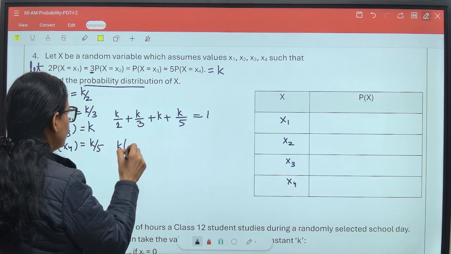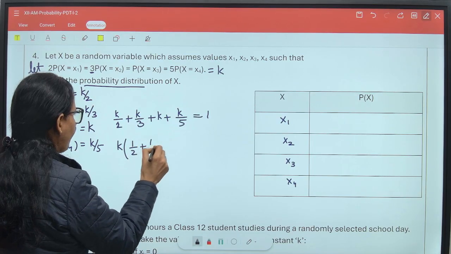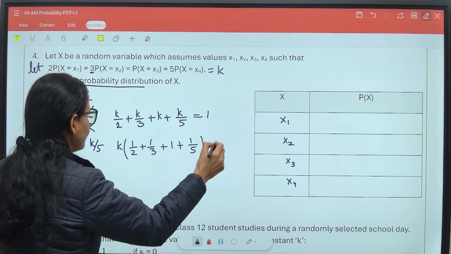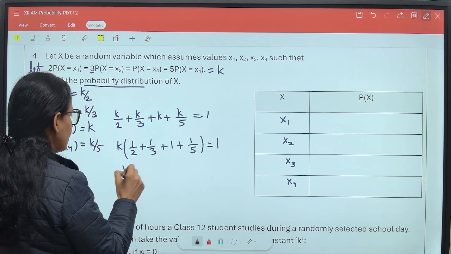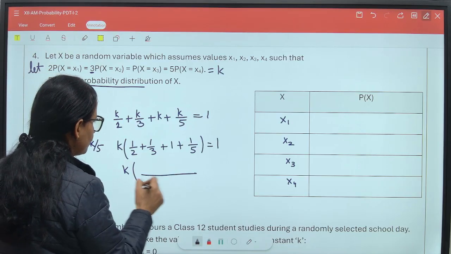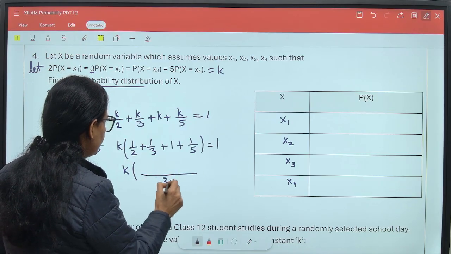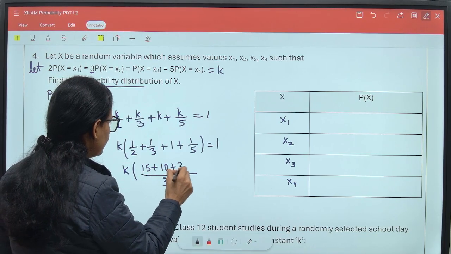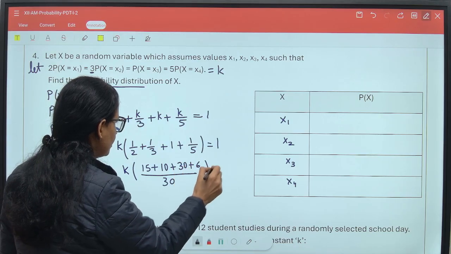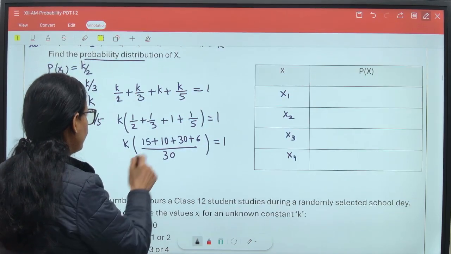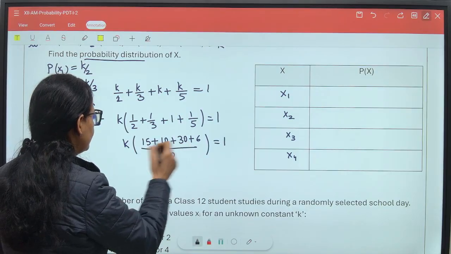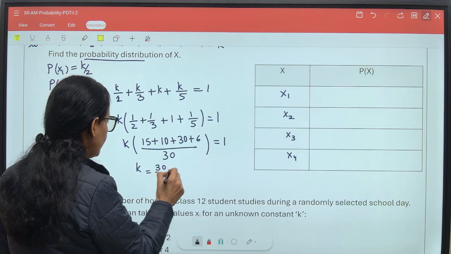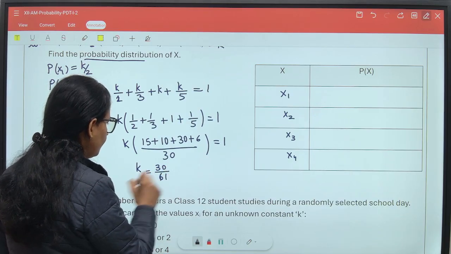Take k common out. So it is k here and the LCM is going to be 30. 15 plus 10 plus 6 equals 1. If you add all of them, 30, 40, 50, 61. So k comes out to be 30 by 61.